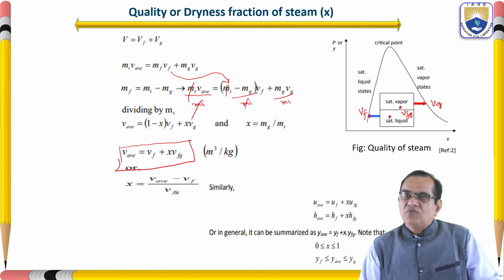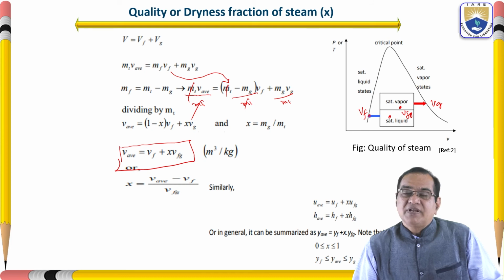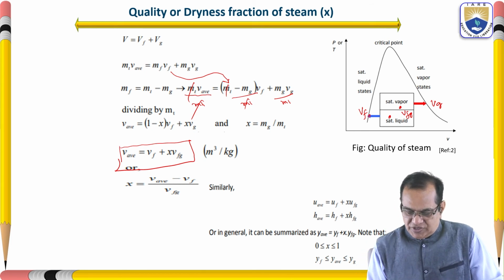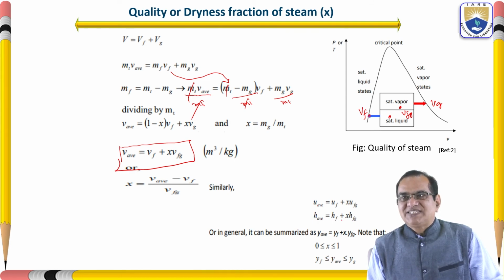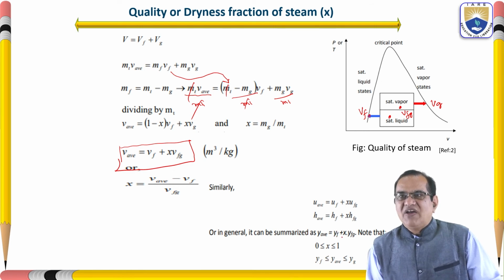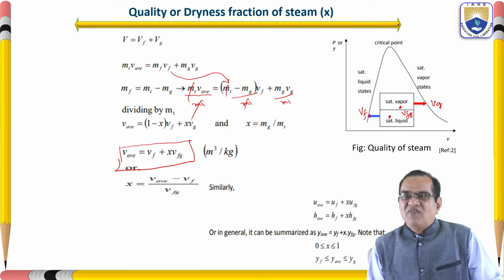Same thing we can do with other parameters like internal energy and all. So U average is equal to Uf plus x Ufg. H average is equal to Hf plus x Hfg. In general, it can be summarized as Y average is equal to Yf plus x Yfg. Note that this value of x falls between 0 and 1.